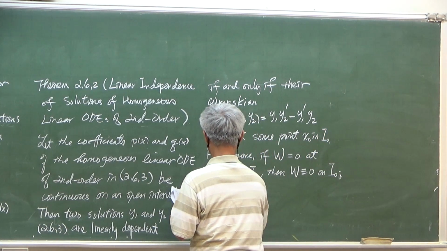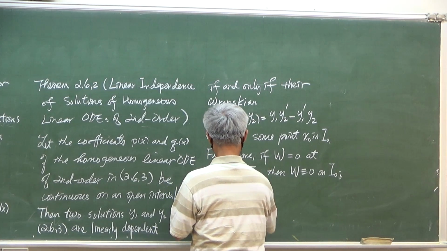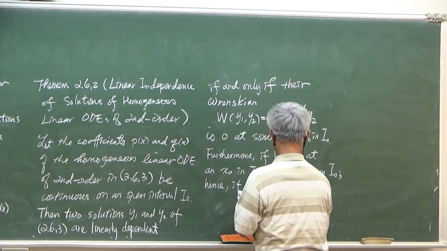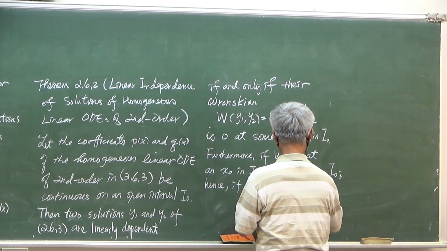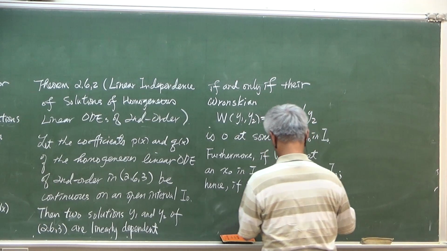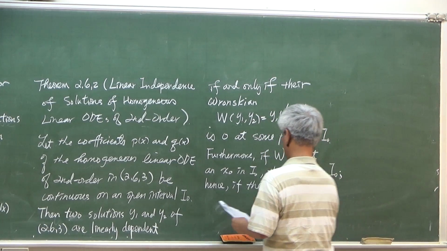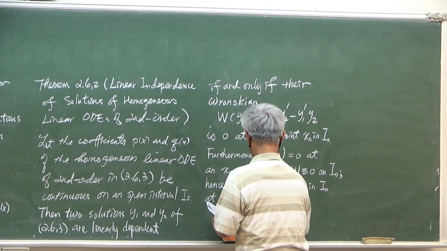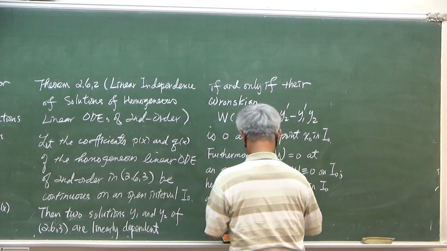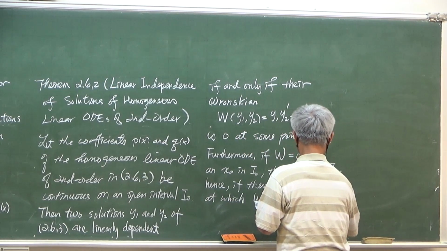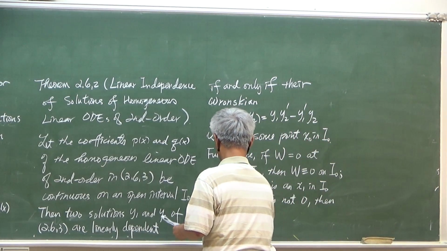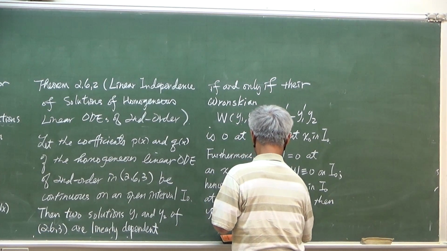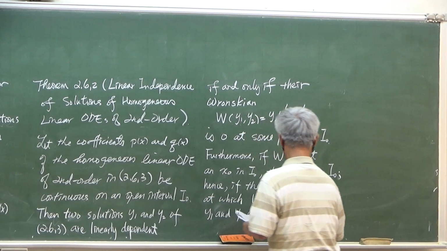Hence, if there is an x1 in I0 at which the Wronskian is not 0, then y1 and y2 are linearly independent.